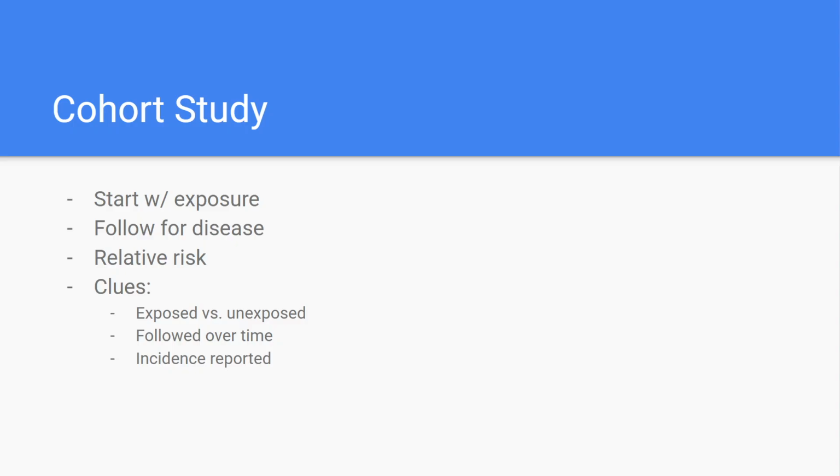And the cohort studies start with the exposure, and then they follow the patients forward in time to see who develops the disease. They use relative risk as their statistic.